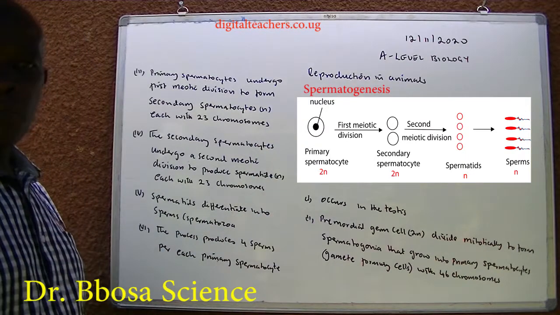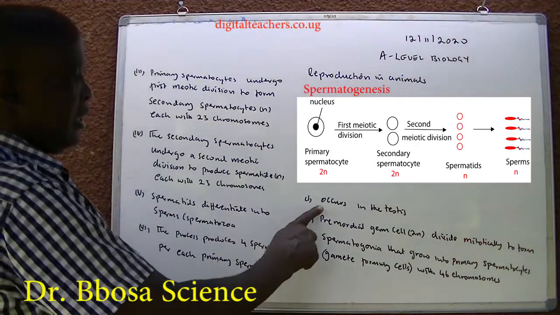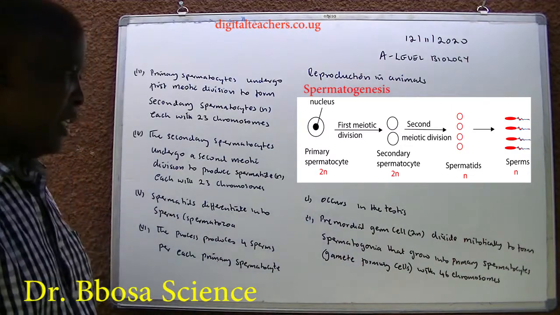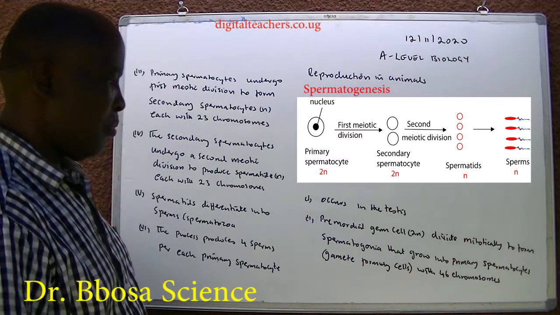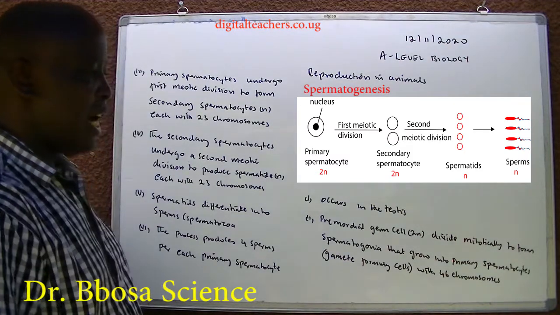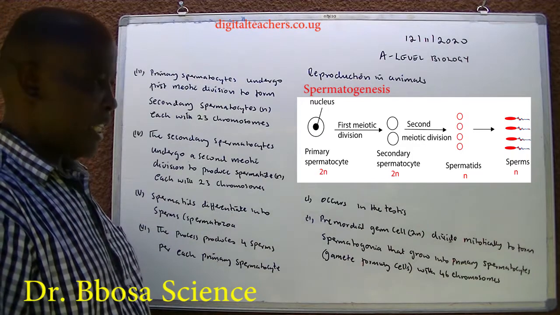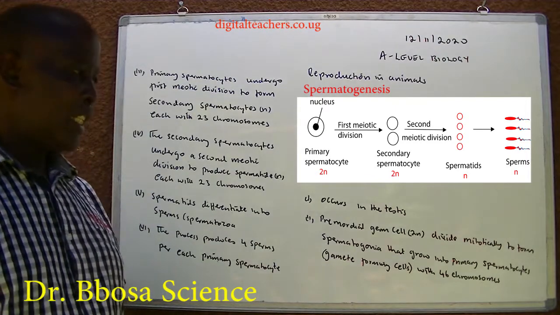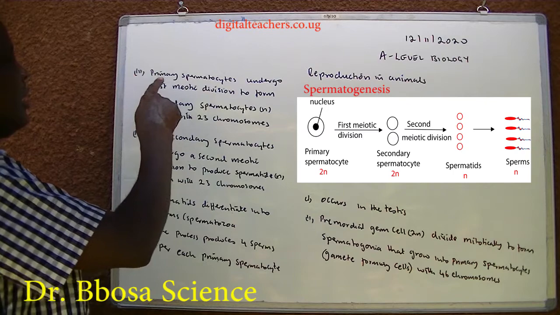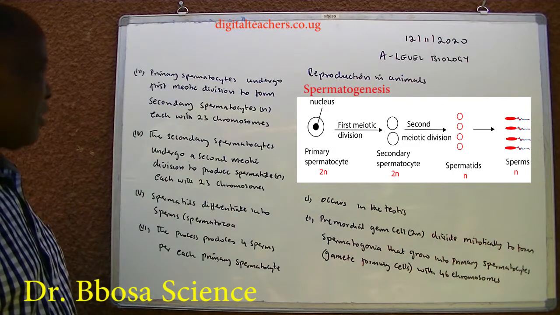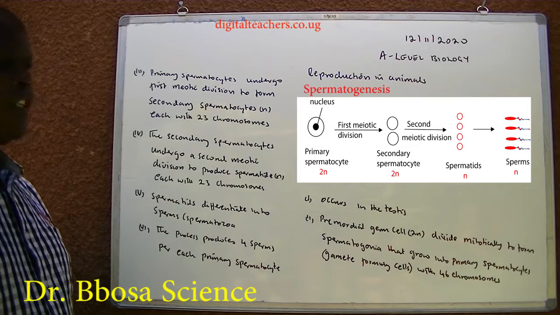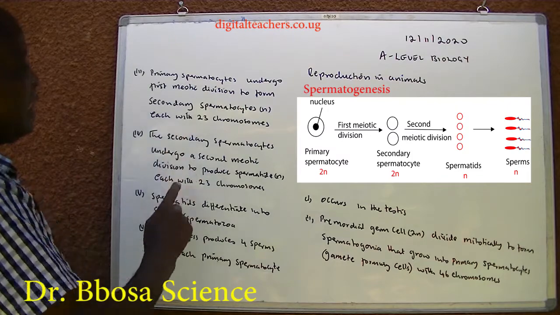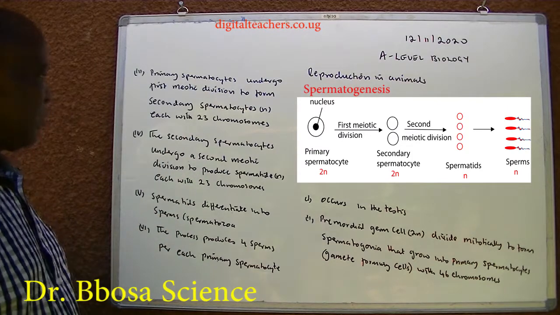Spermatogenesis is a process of forming sperms. It occurs in the testes. Primordial germ cell 2N divide mitotically to form spermatogonia that grow into spermatocytes, or gamete-forming cells with 46 chromosomes. Spermatocytes undergo the first meiotic division to form secondary spermatocytes, each with 23 chromosomes.